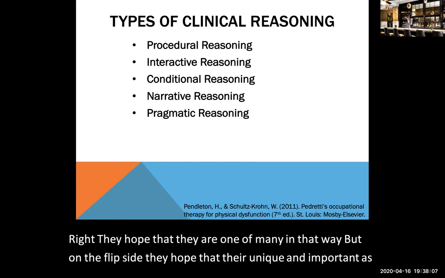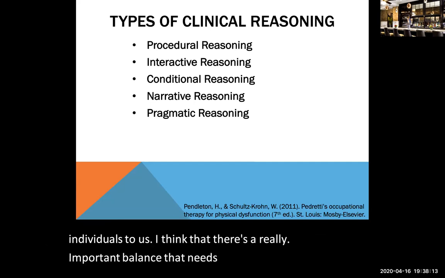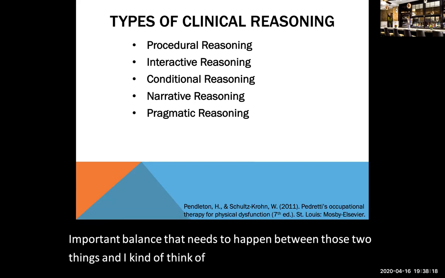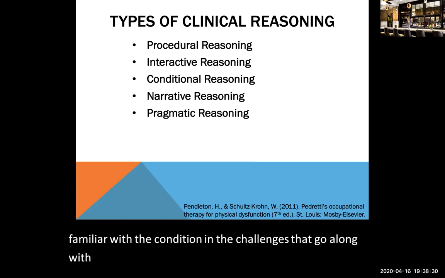So I think that there's a really important balance that needs to happen between those two things. And I kind of think of them as the yin and the yang of what makes high quality therapy services. Knowing what we're doing because we're familiar with the condition and the challenges that go along with that, but also recognizing the client as a unique individual.